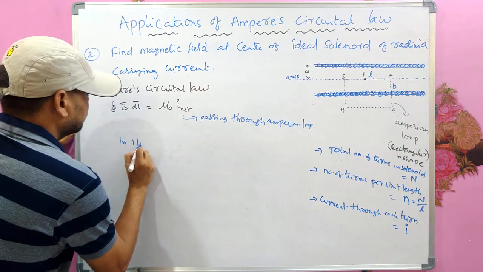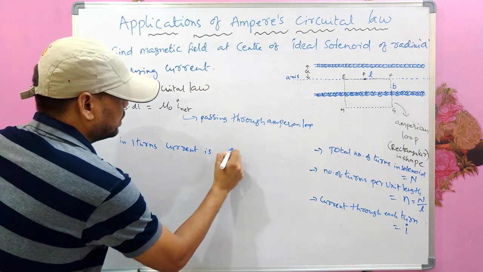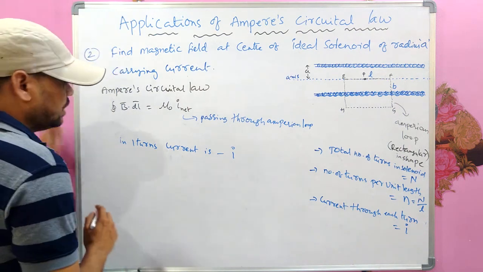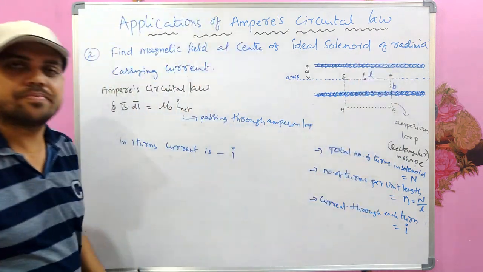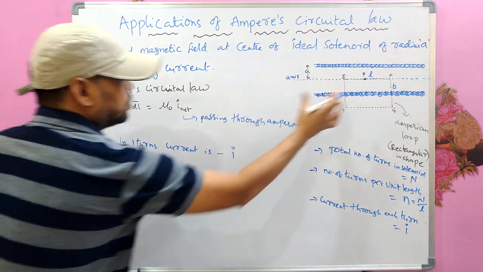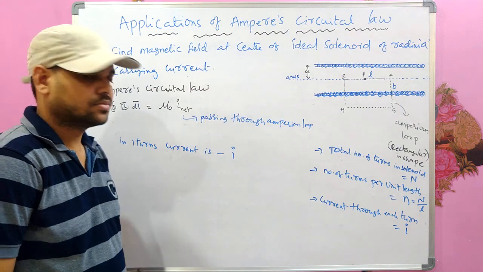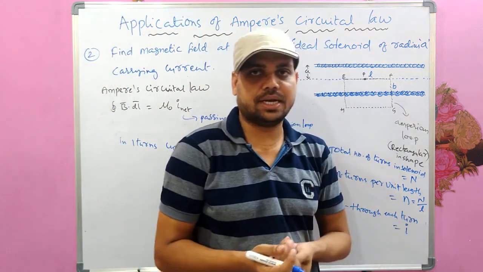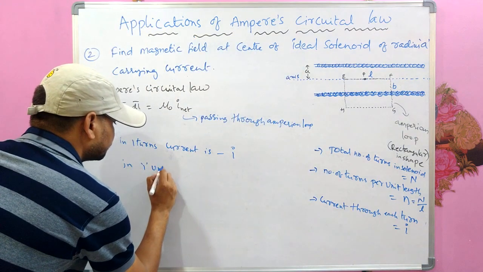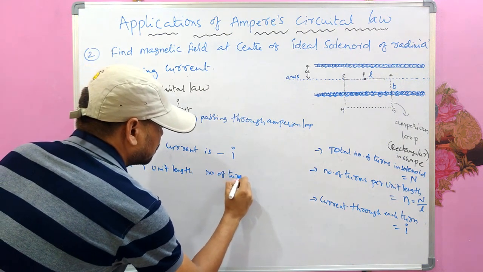Now we can say in 1 turn, current is I. Then how many turns are there in the Amperian loop? See, n is the number of turns per unit length. In 1 unit length, the number of turns is n.